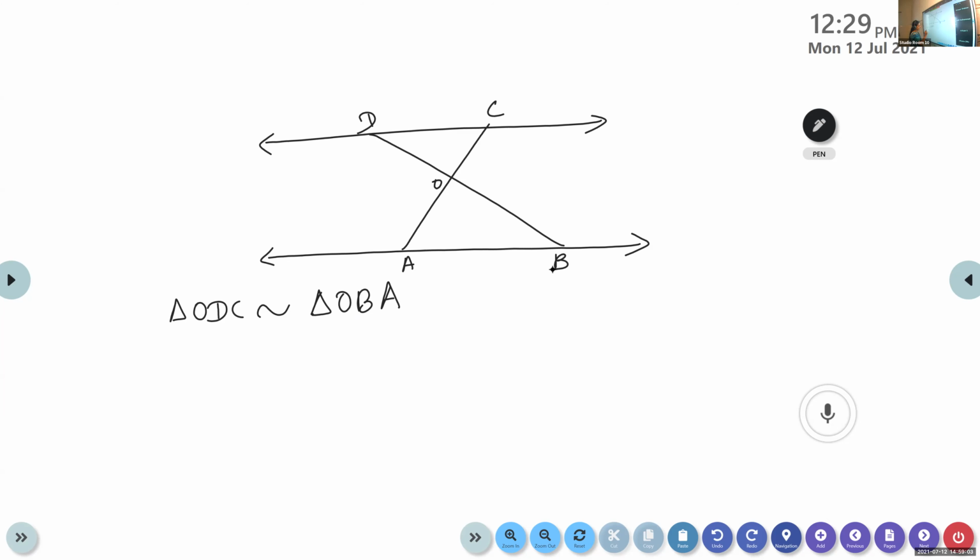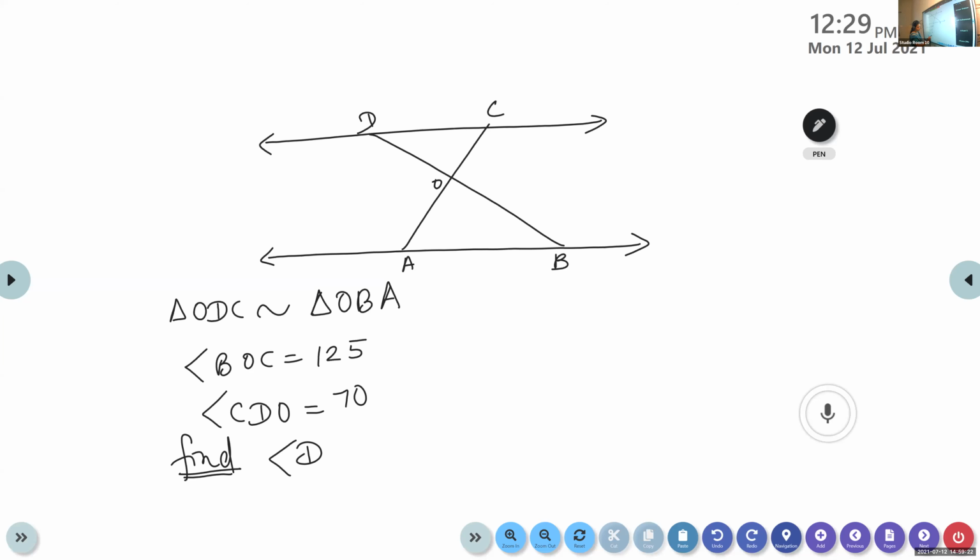Angle BOC is equal to 125. Angle CDO is 70. Find angle DOC, angle DCO, angle OAB.